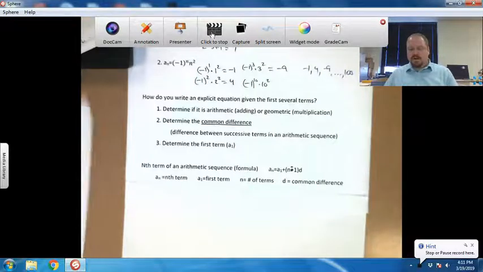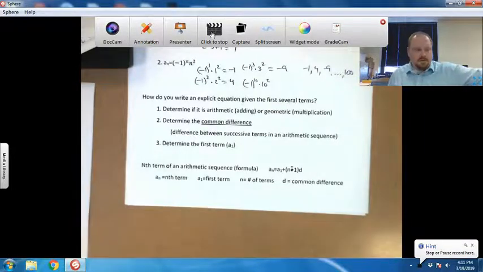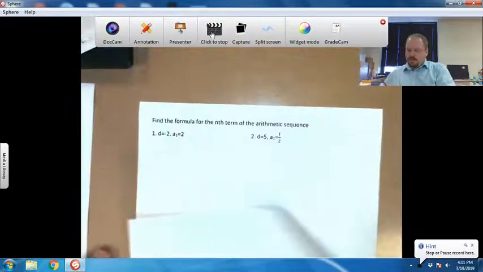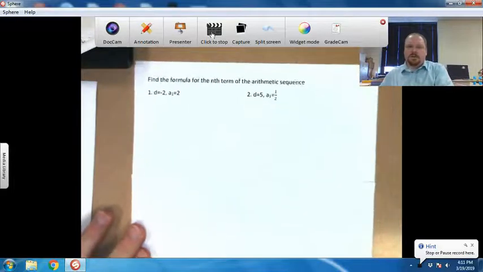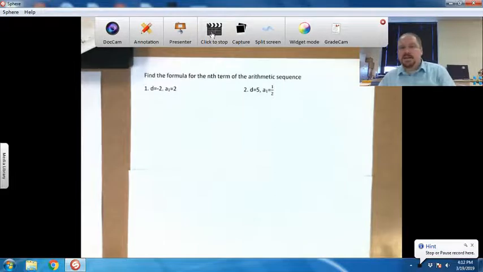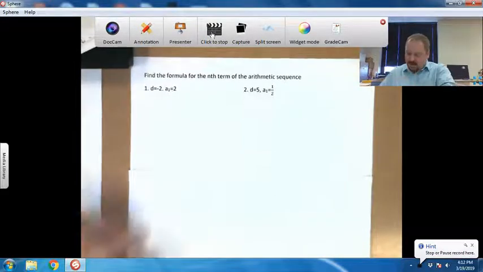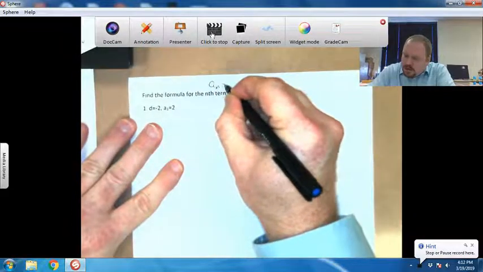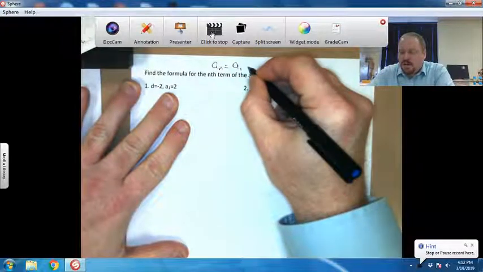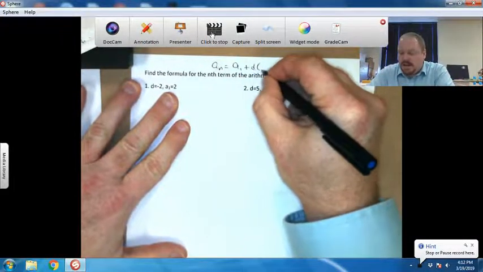Okay, so let's work through a couple of these. So first things first. We got a couple very simple ones where they tell us the difference, they tell us the first term, and all we got to do is fill it in. Here's our generic formula again: a sub n equals a sub 1 plus d times n minus 1.